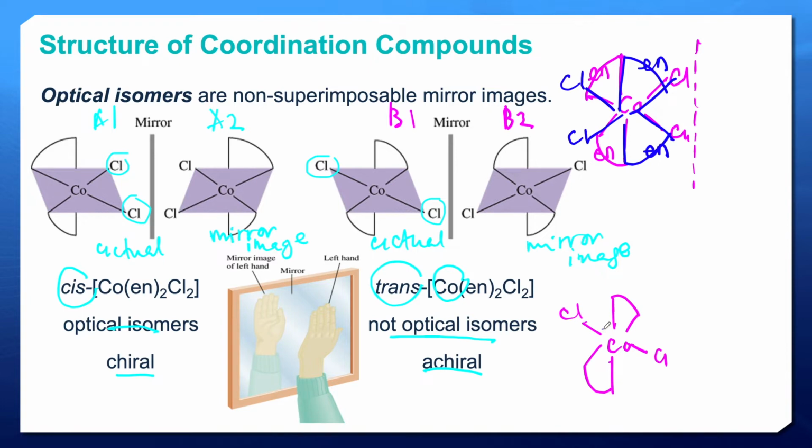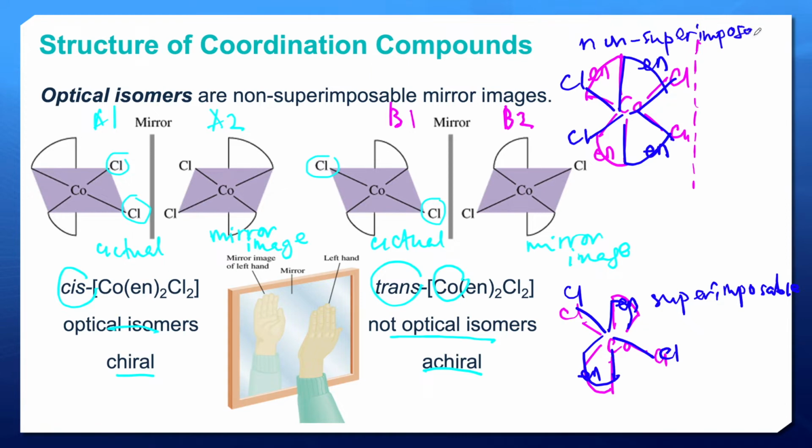So what would you get? This is where you have the Cl and also Cl, and the en and also this en. This is what we call not optical isomers, because they are superimposable on each other. While this one we call non-superimposable, tidak bertindih, while this one is bertindih.